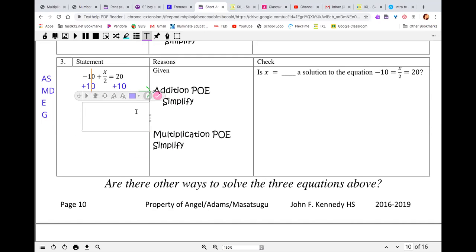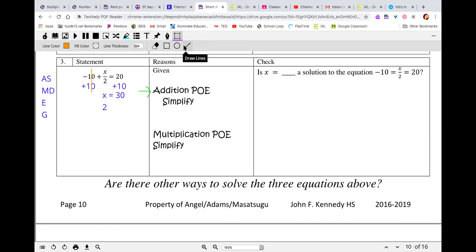So now I'm looking at x over 2 equals 20 plus 10 is 30. 30. Got my 2 on the bottom here. Line up. Get my fraction line back.